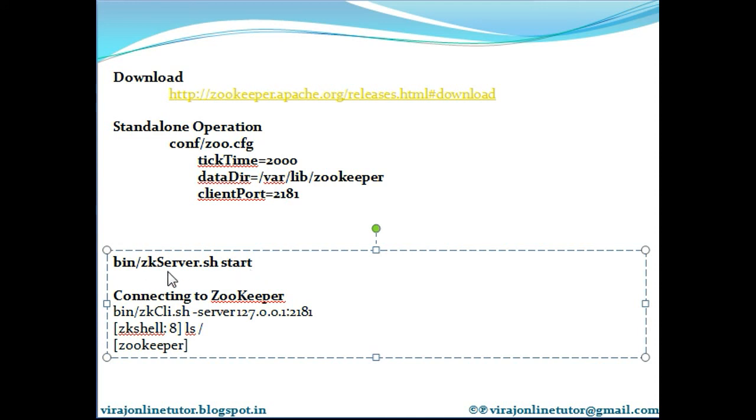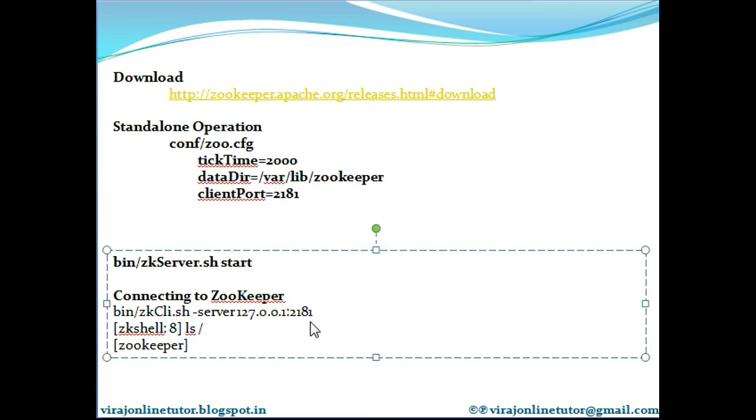Once the Zookeeper is started and it is running, you have several options for connecting to it. One option, for Java based, is you can call the shell script zkcli.sh. You have to call zkcli.sh -server, and give IP:port number to connect to it.